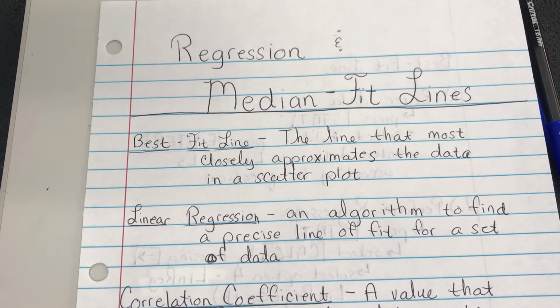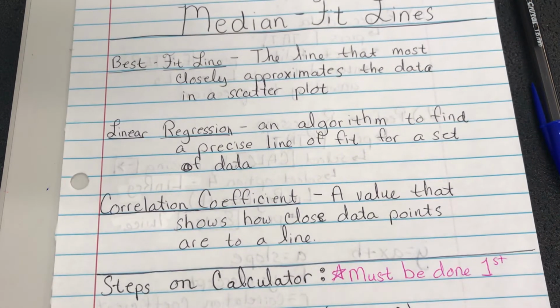this information. So let's first figure out what is the best fit line. That is the line that most closely approximates the data in a scatter plot. A linear regression is an algorithm to find a precise line of fit for a set of data. So linear regression is going to find the most precise, the most perfect line of fit for us.